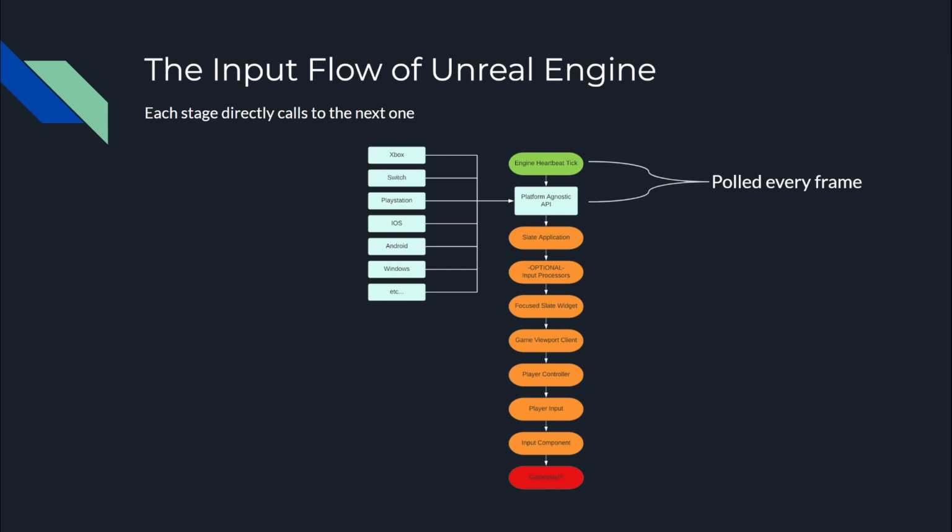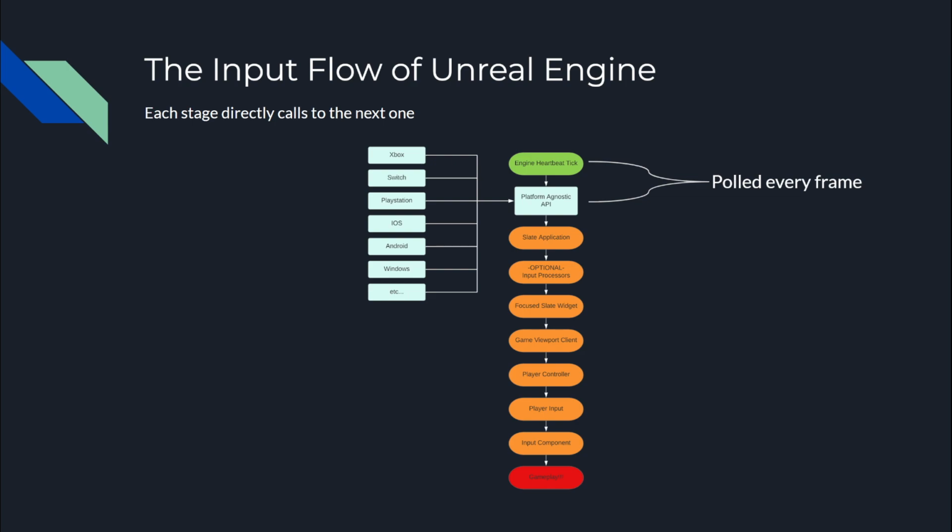And basically what happens with the Game Viewport Client is when you're looking through the code, it's going to seem a little confusing for figuring out where the input is routed to, but at its core level, if the Slate application sent it to the Slate elements and it didn't get consumed, then it gets routed down to the Viewport widget, which is the Slate widget, and that is routed into the actual Game Viewport Client UObject.